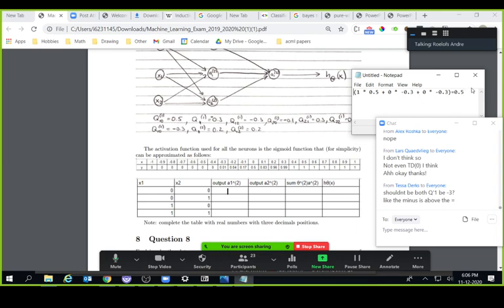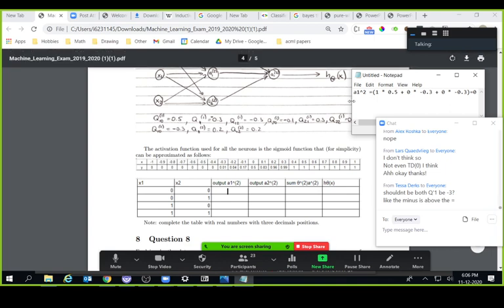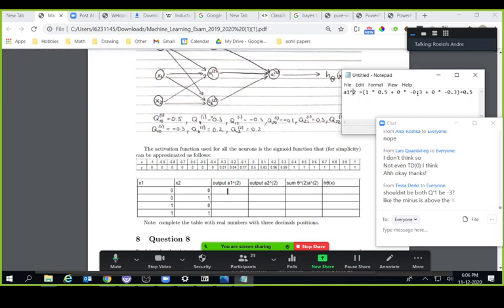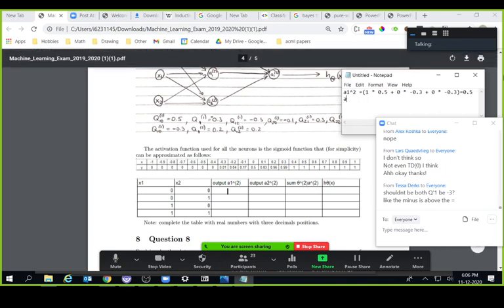So then A1, 2 is this thing. Then we want to do the A2, 2. And so the A22 is this one, and it gets the same thing.